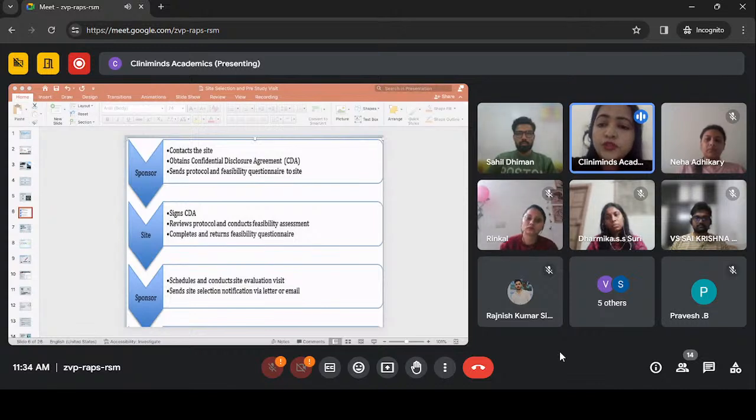They cross-check to make sure that all those facilities are available, that the investigator is really keen to do the study, and that the investigator has sufficient time to devote to it.